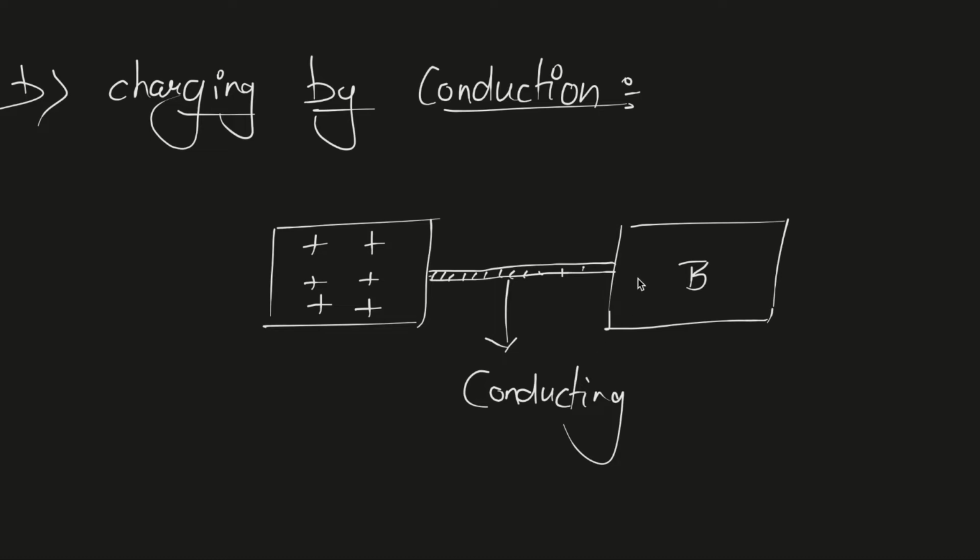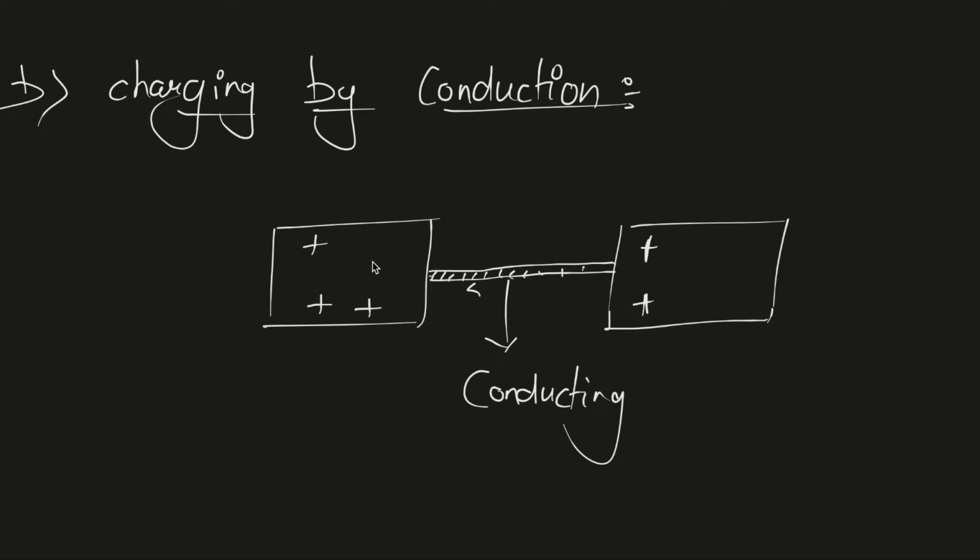So what will happen: an electron from here will move in this direction and neutralize one positive charge there, and here we acquire one positive charge. Similarly, one electron transfers and neutralizes the second positive charge, and then here we acquire a positive charge.